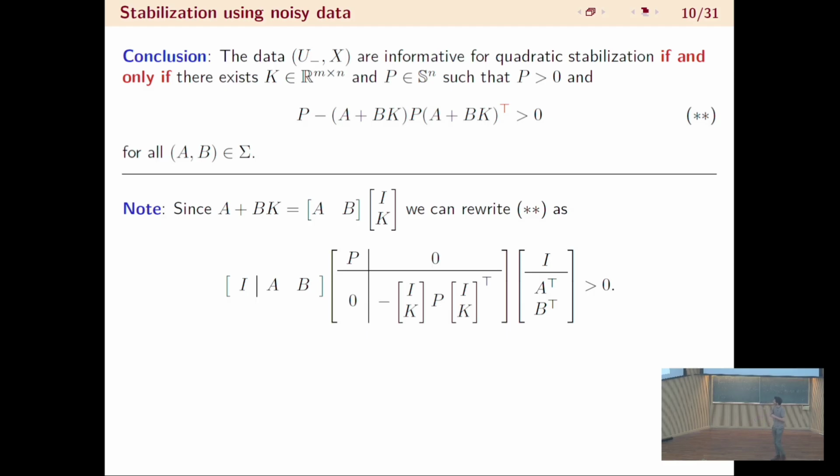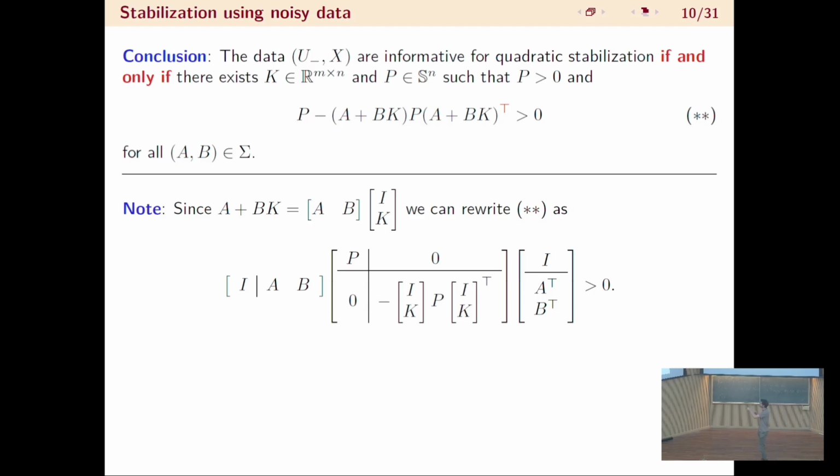Okay, let's try to understand this a little bit further. So I have this dual Lyapunov inequality, and I can rewrite that using the fact that A plus BK is A next to B times I over K as this inequality over here. So really, I don't do anything here. So this is a block diagonal matrix.